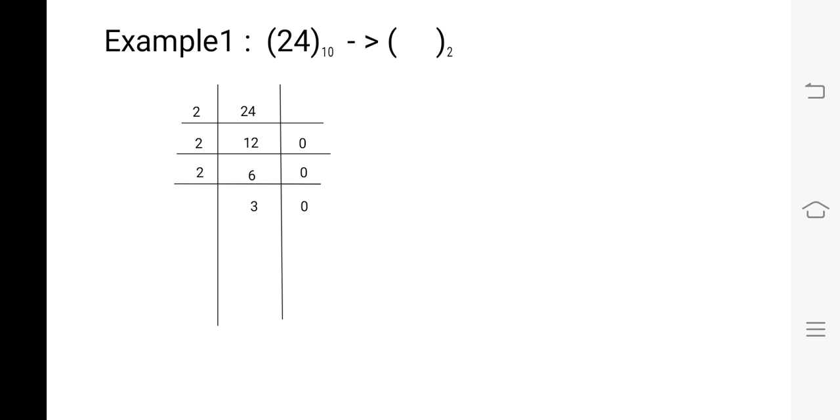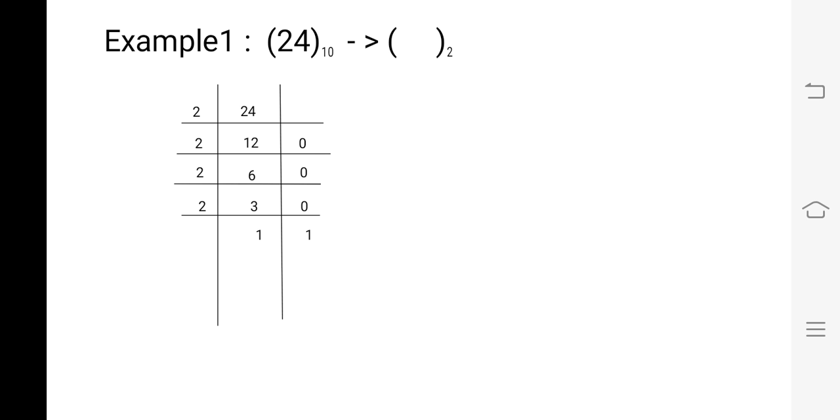Though 3 is an odd number, it is greater than 2, so we divide 3 by 2. 2 multiplied by 1 equals 2. And what will the remainder be? 3 minus 2, so remainder 1 is coming. We note down the remainder 1.